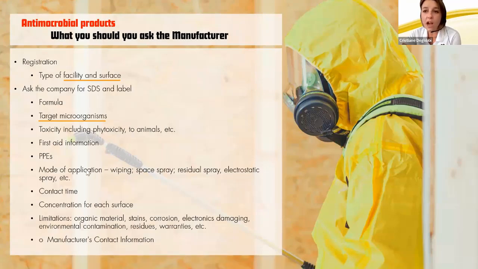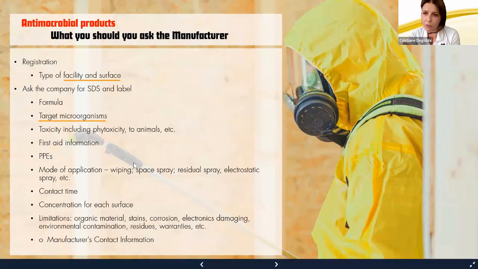If you're using wiping, you can use some type of PPE. But if you're using a ULV cold fogger, you're gonna use a different one. It doesn't matter if you're using the same product. The exposure is going to be very different depending not only on the active ingredients, but also how you apply that product. And the mode of application needs to be stated on the label.